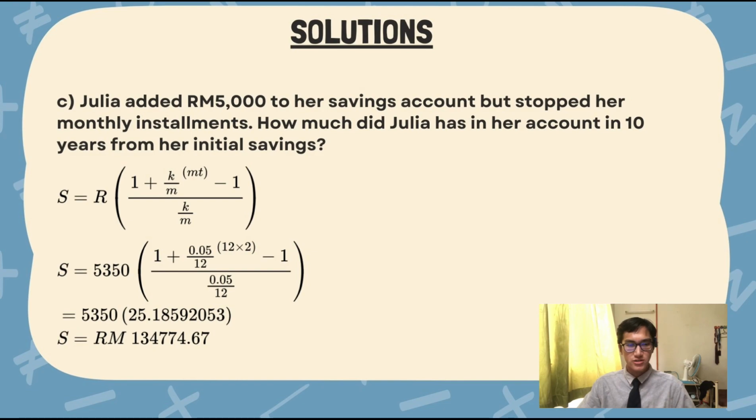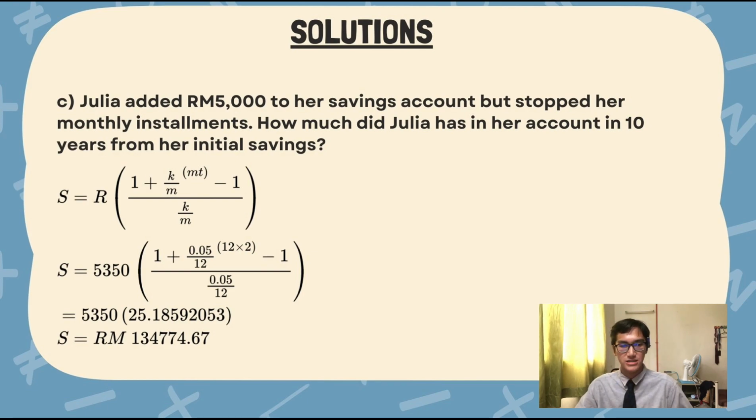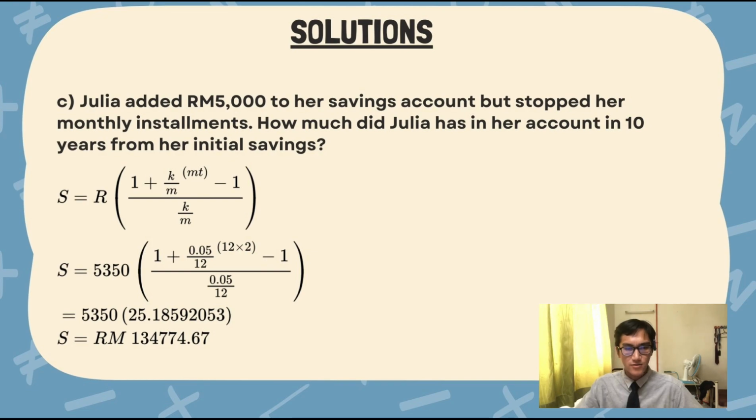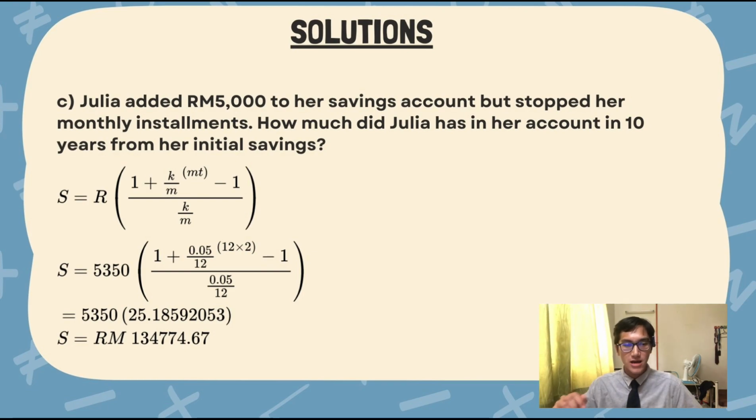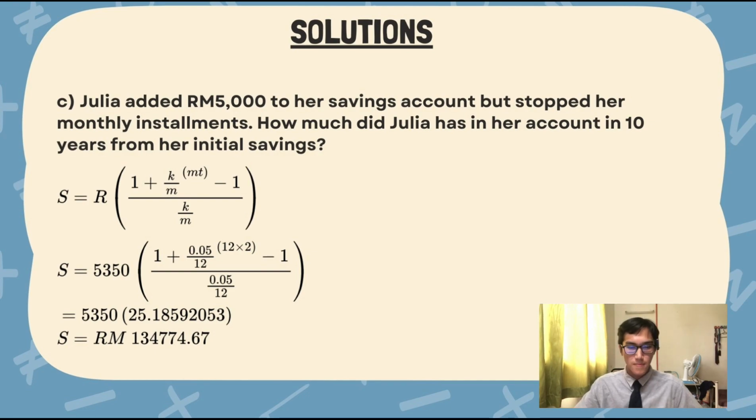And for the final question, Julia added 5,000 ringgit to a savings account but stopped her monthly installments. How much did Julia have in her account in 10 years from her initial savings? For this question, we have to use the future value formula, which is S equals R[(1 + K/M)^(MT) minus 1]/(K/M).